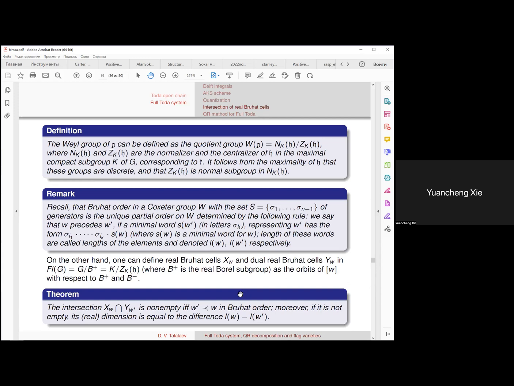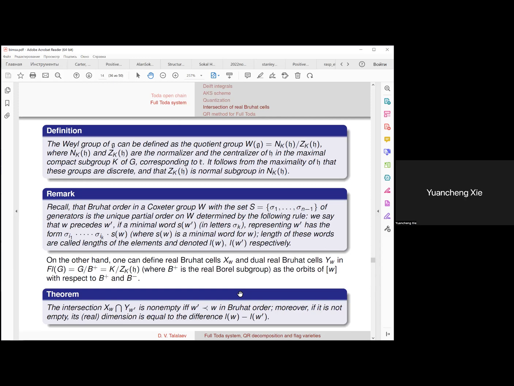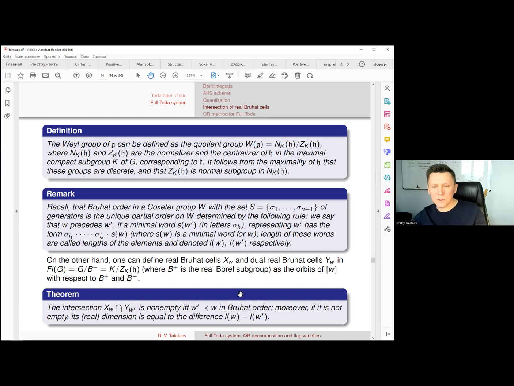So can you just say briefly how this theorem is proved? But you see, we can parameterize the integral lines of this flow. So we can calculate the dimension of the tangent space. From the point of view of the Toda system, it's a simple part.